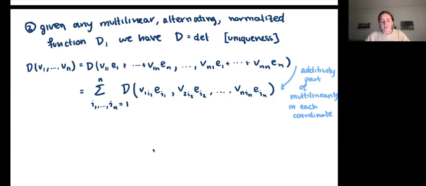It's 0 whenever I have duplicate selections of e's. So what I need is that we're going to have 0 unless the map 1 goes to I1, 2 goes to I2, and so on up to n goes to In, unless this map is a bijection.